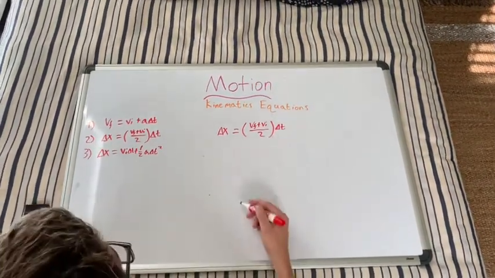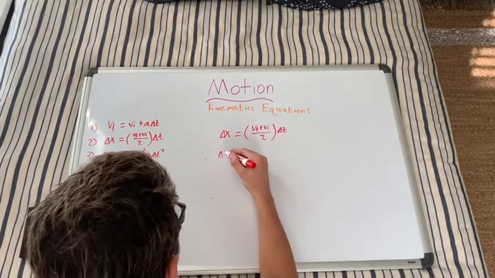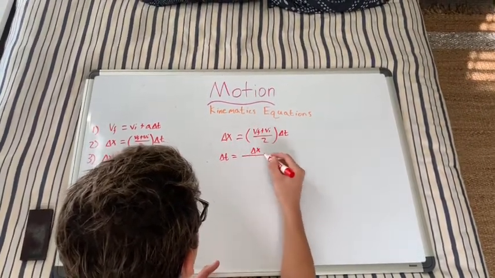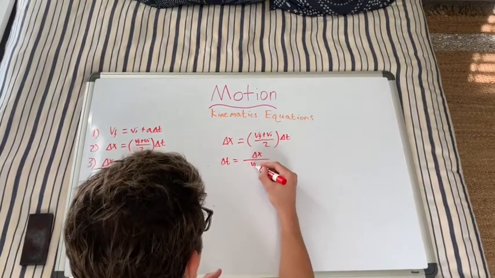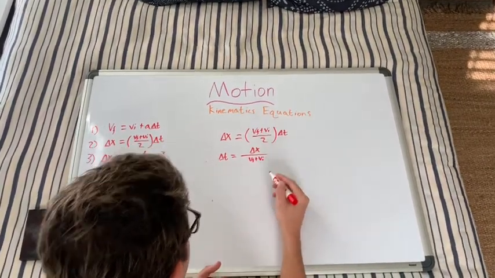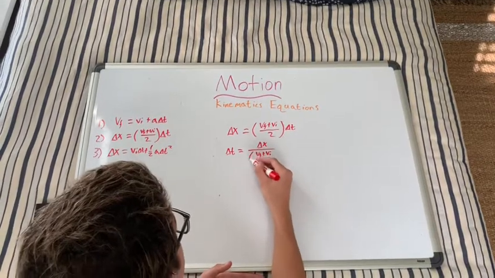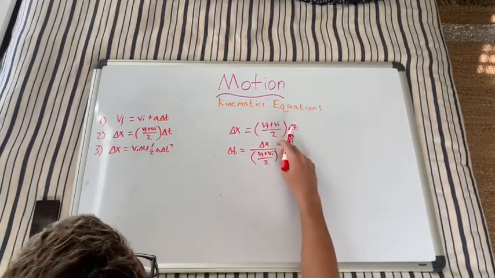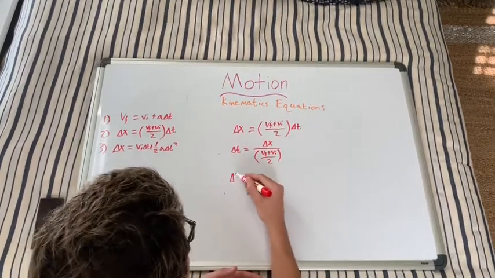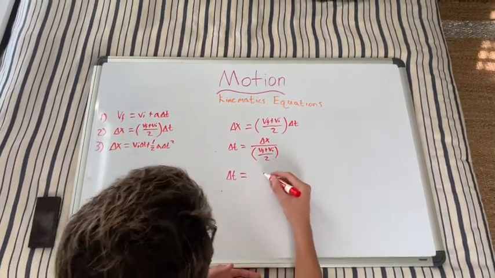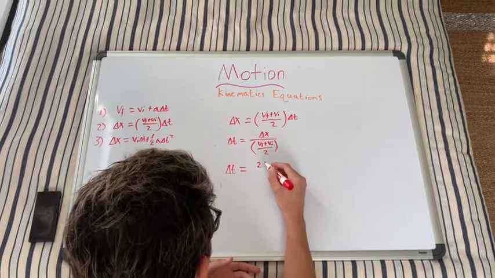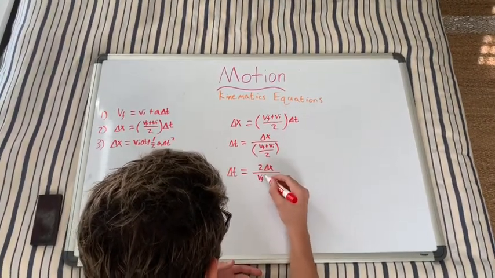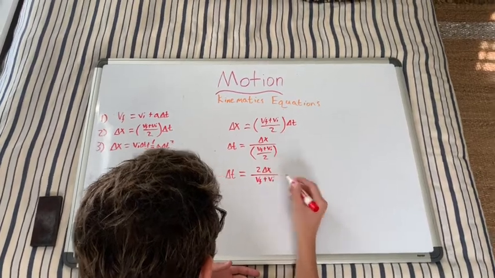Let's rearrange for time. Delta t equals delta x over vf plus vi over 2. Then we keep, change, flip, and delta t equals 2 delta x over vf plus vi.